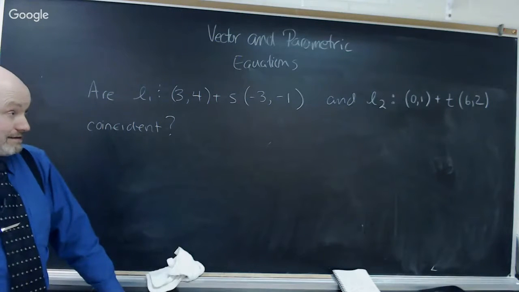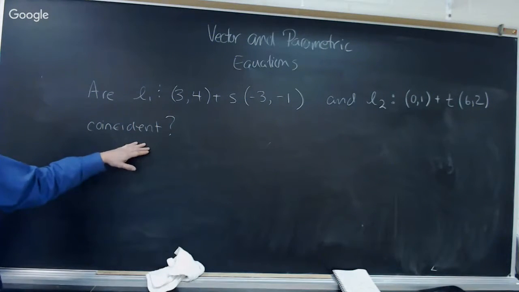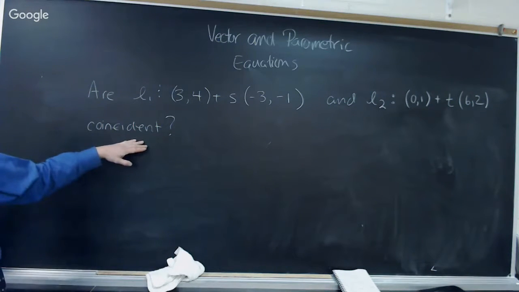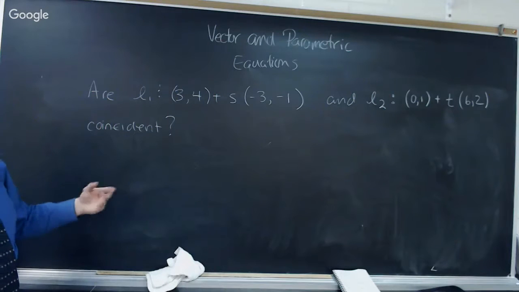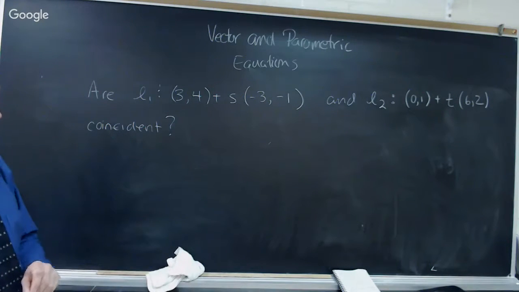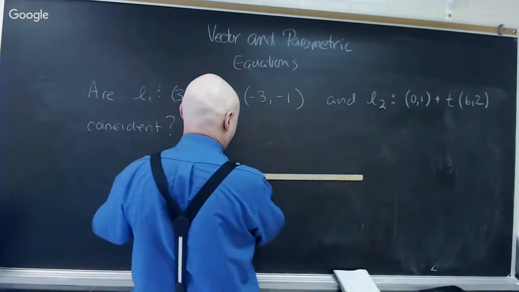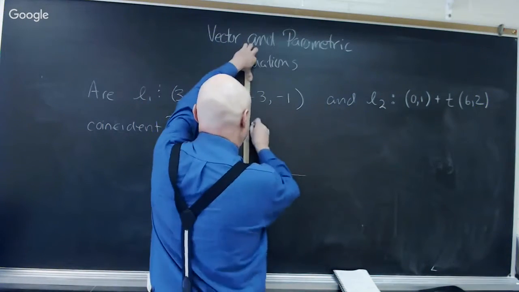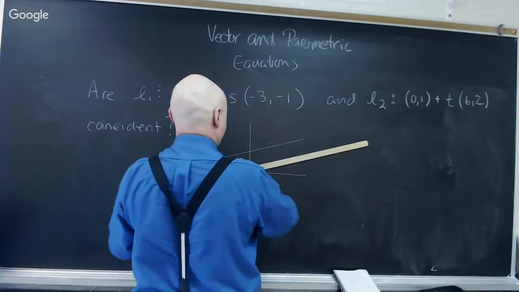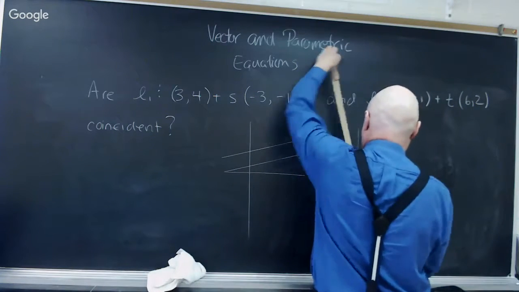The question is, are these two lines coincident? In other words, are they lying right on top of one another? Or are they parallel with each other, or do they intersect at a single point? So we've got a few different possibilities. They could be parallel.